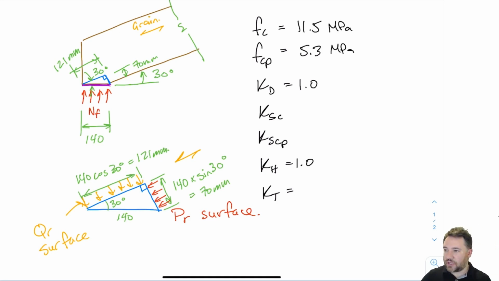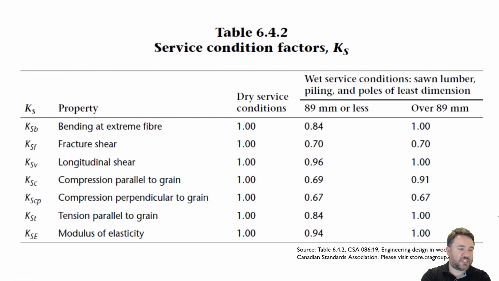Okay, now what about KSC and KSCP? We're going to the service condition factor table for lumber, which is the one in 6.4.2. There's a different one for glulam, you'll recall. And we're talking about wet service conditions for sawn lumber, least dimension 89 or less, because our least dimension is 38.